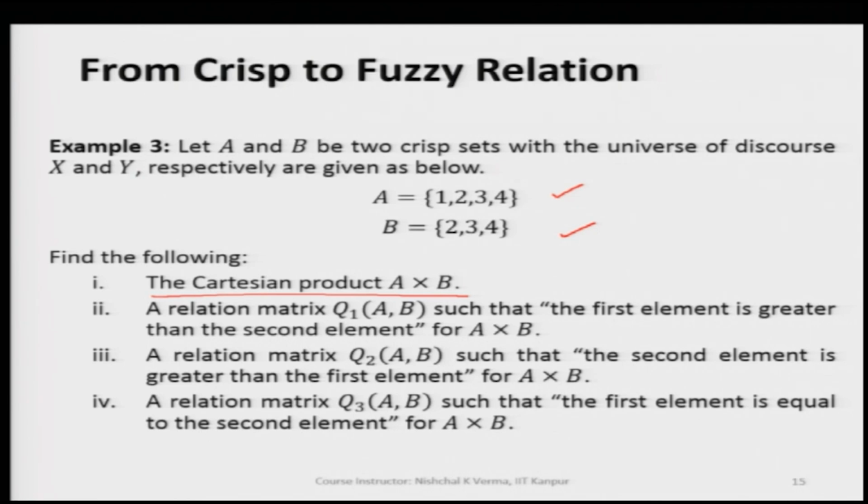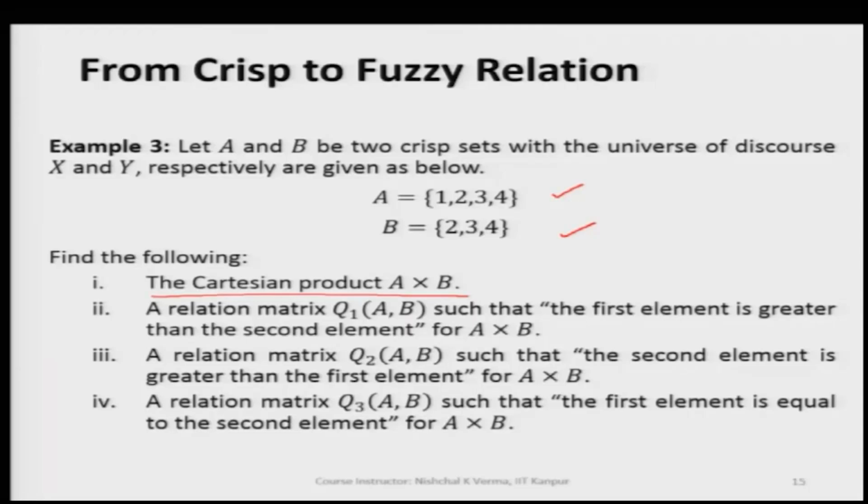This is very easy: we first find the Cartesian product, so that we have the whole population, and then from that we pick the elements based on the given condition, and this will be our relation matrix Q1 A comma B.